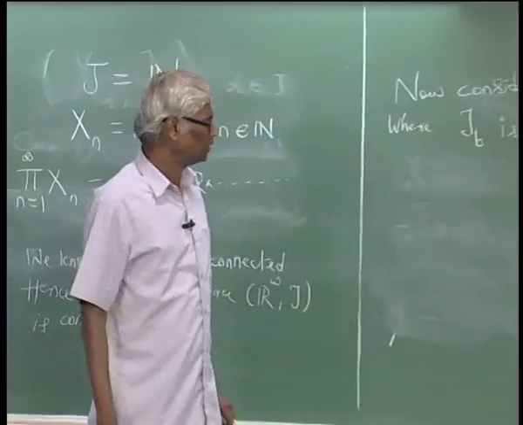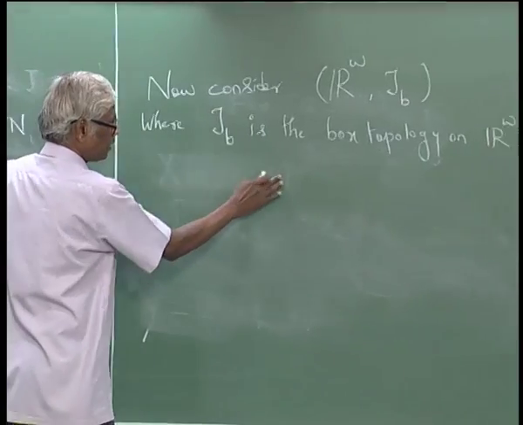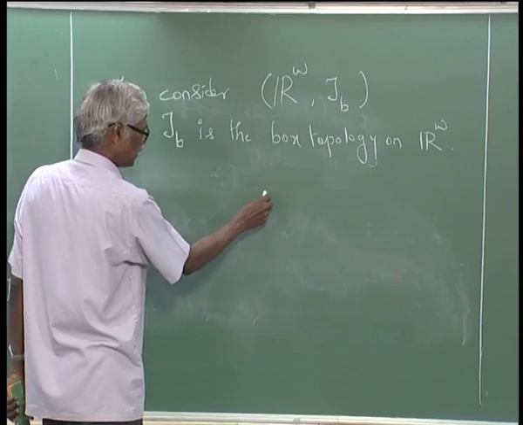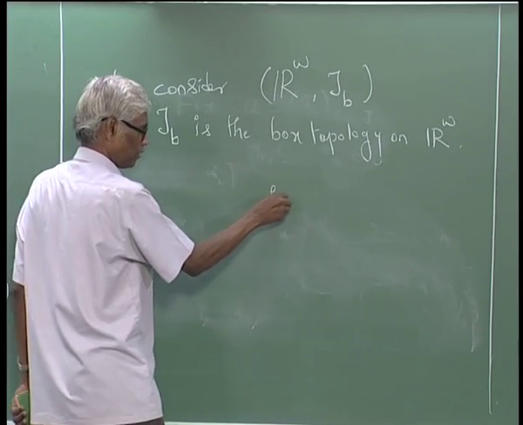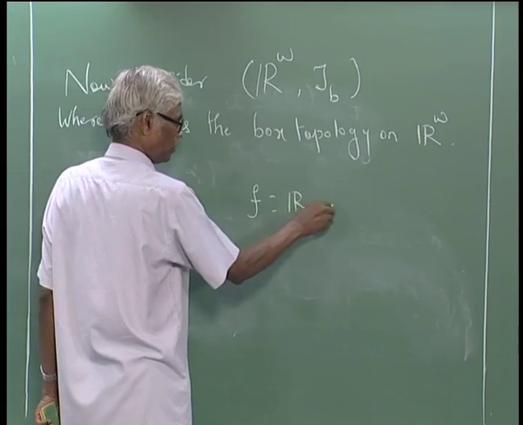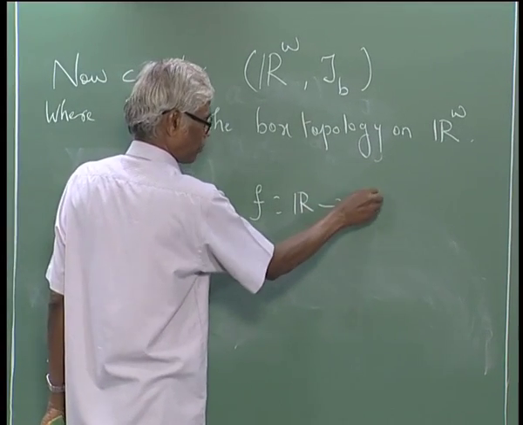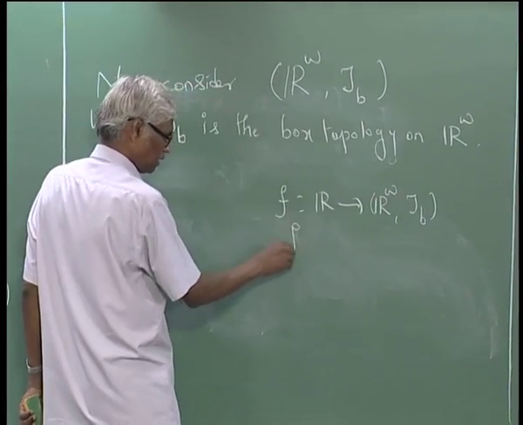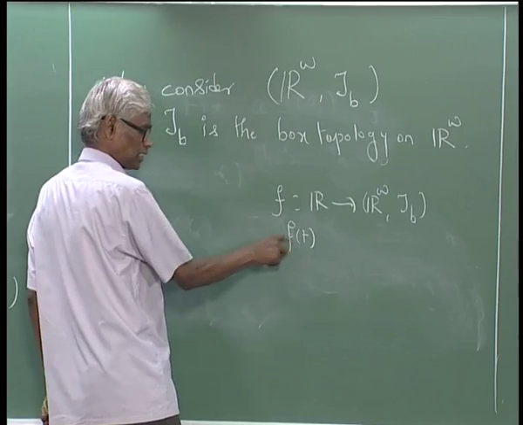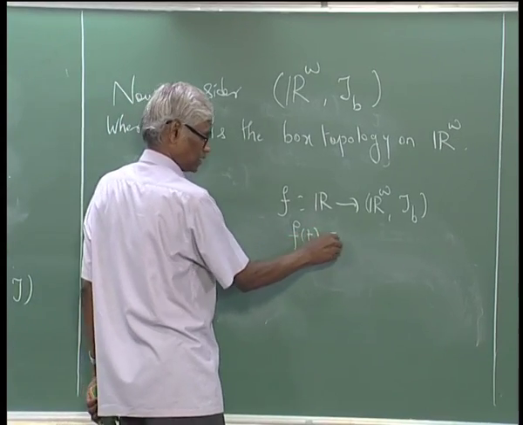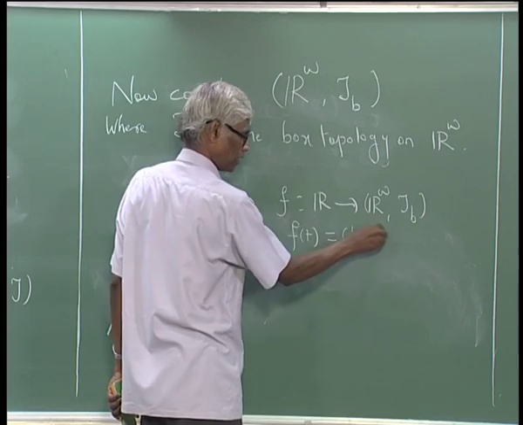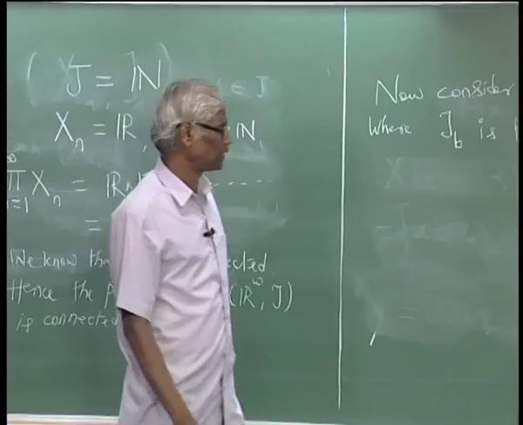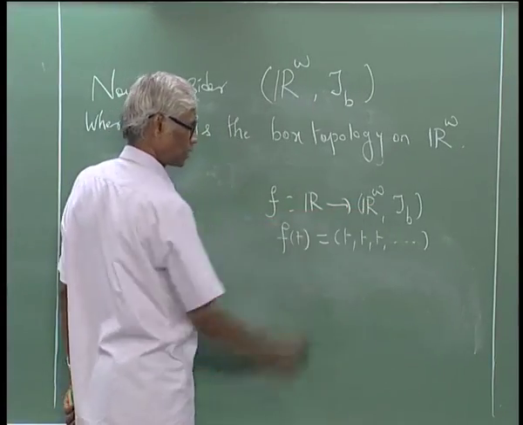So, we have seen that, in fact, if we define f from R to R^ω with the box topology, even such a nice function f(t) equal to (t, t, t, ...) is not a continuous function with respect to the box topology.